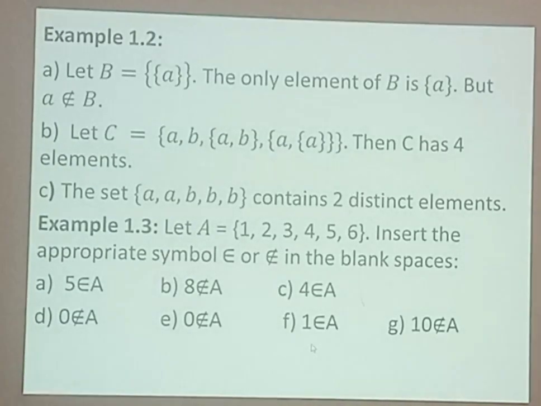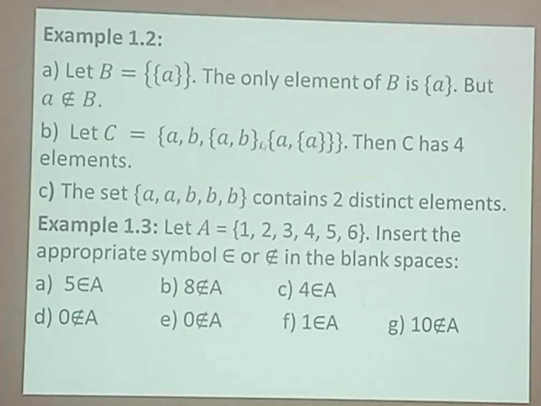For example, let set B be equal to {A}. Here the only element of B is A. But A is not an element of A, because here A is not in B, but the set B is again in set B. And let C, capital C, indicate the set containing this collection of elements: A, B, and {A}.